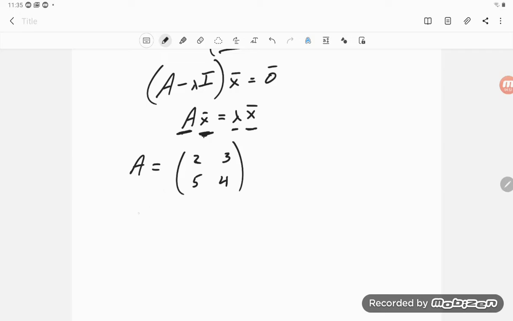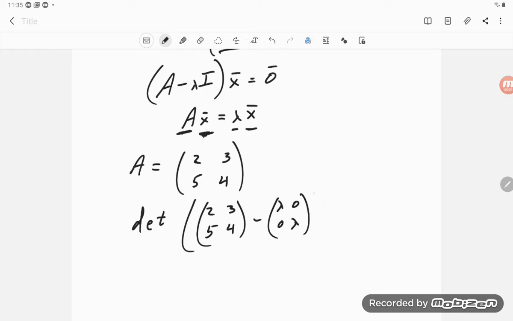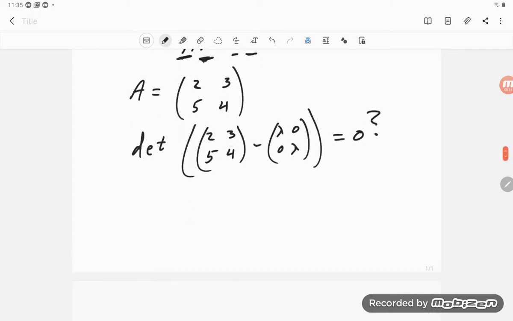And so then I'm asking, when is the determinant of 2, 3, 5, 4 minus lambda 0, 0 lambda equal to 0? When does that happen? Well, I'll put these together. I have the matrix, so I want the determinant, so I'll use the straight lines of 2 minus lambda, 3, 5, 4 minus lambda.